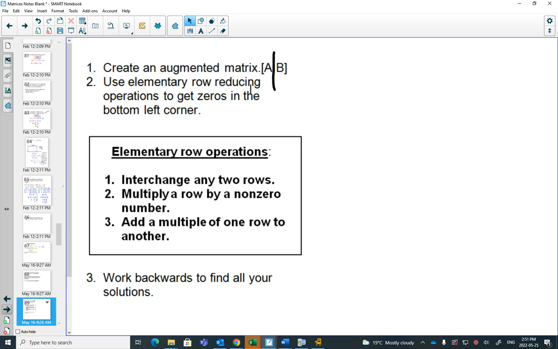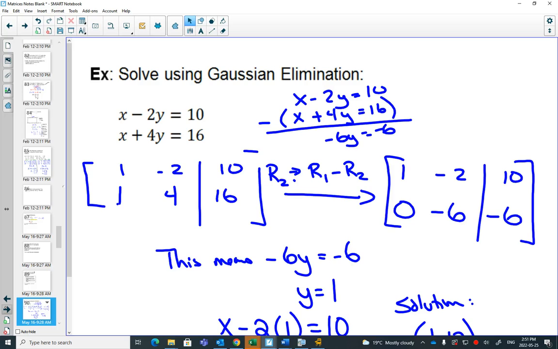And by add, it also means subtract if you want to, because a multiple could be a -1, and then you could subtract. So you could add or subtract multiples of one row to another. Okay? Once you get that 0 in that bottom corner, then you'll have one solution, and you'll be able to work backwards to find other solutions.